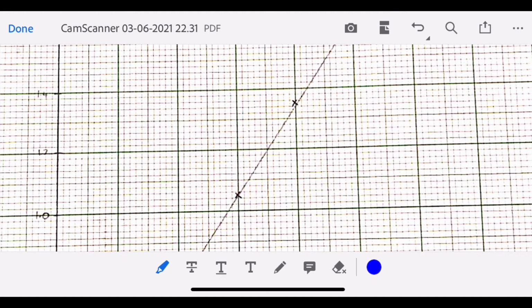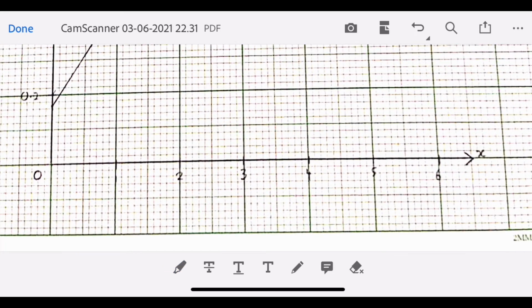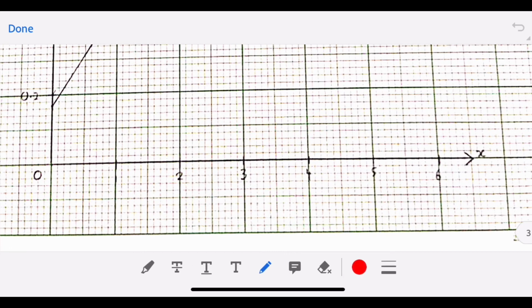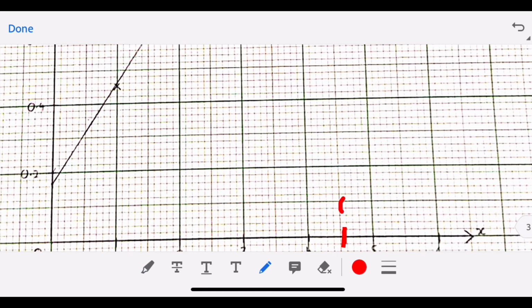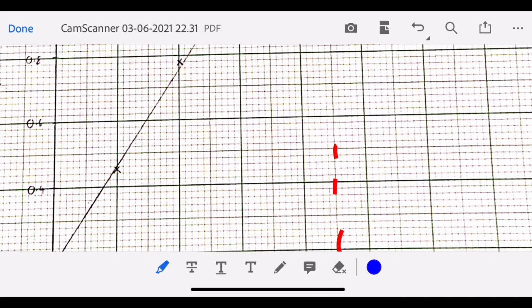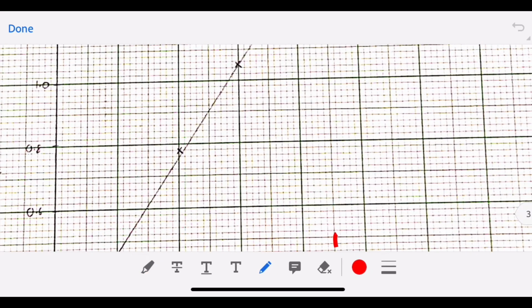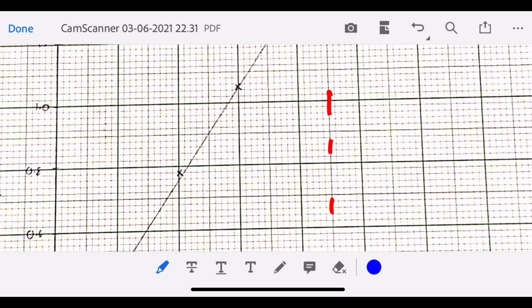Normally students will forget to convert to small y, so be careful when solving for small y. When small x is 4.5, let's go to 4.5. Use a ruler and draw a line until it touches your straight line.